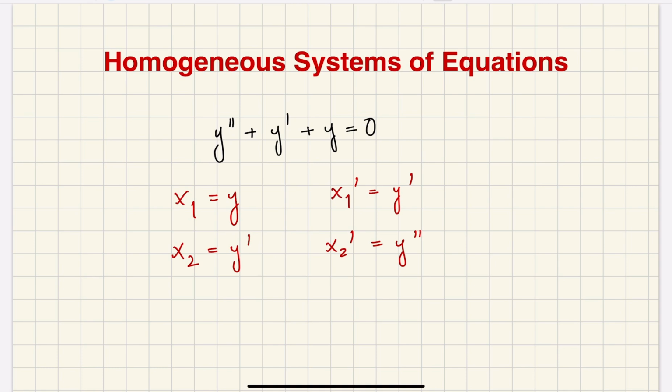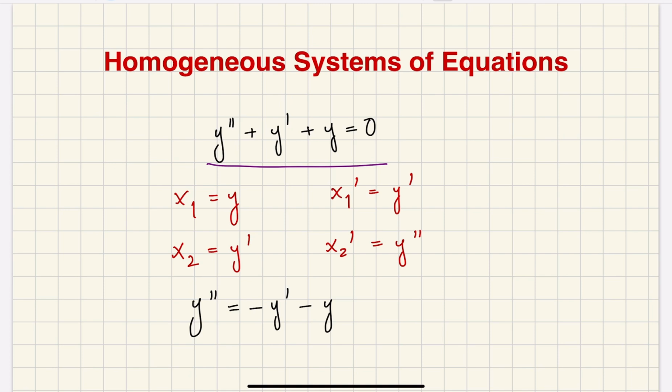Now I'm going to substitute a couple of these into our equation right here. So first I'm going to rewrite this as y double prime is equal to negative y prime minus y.